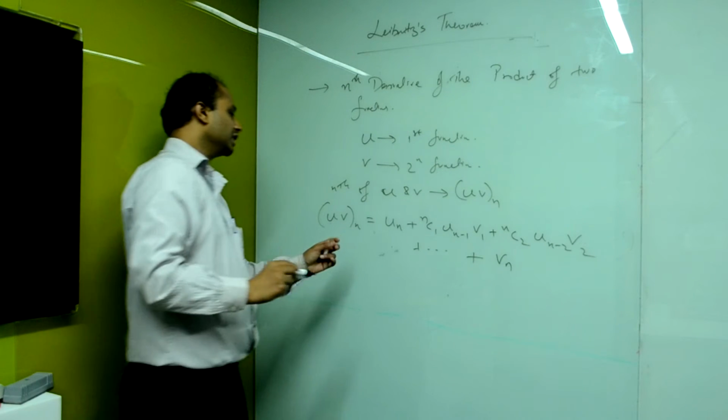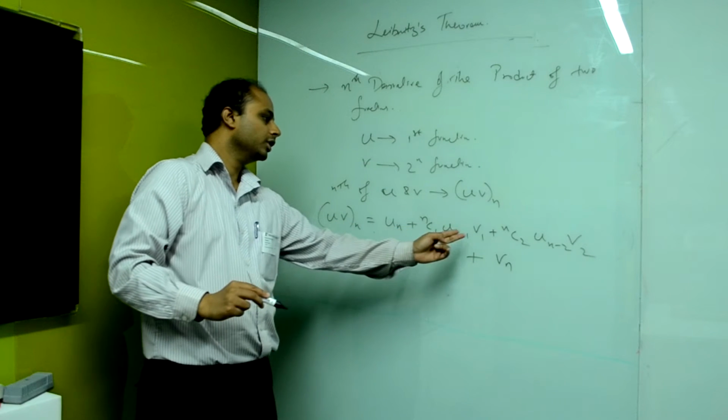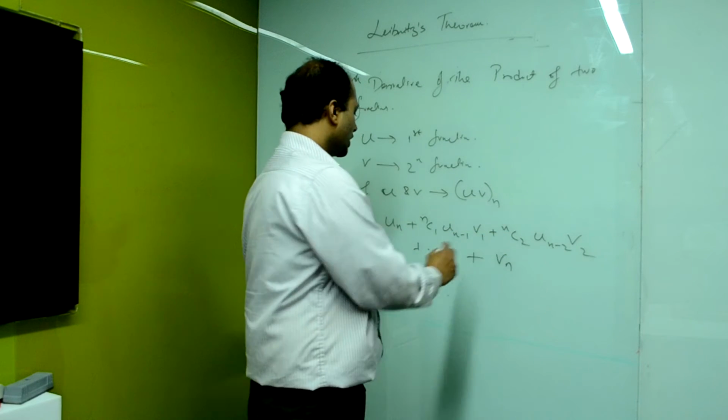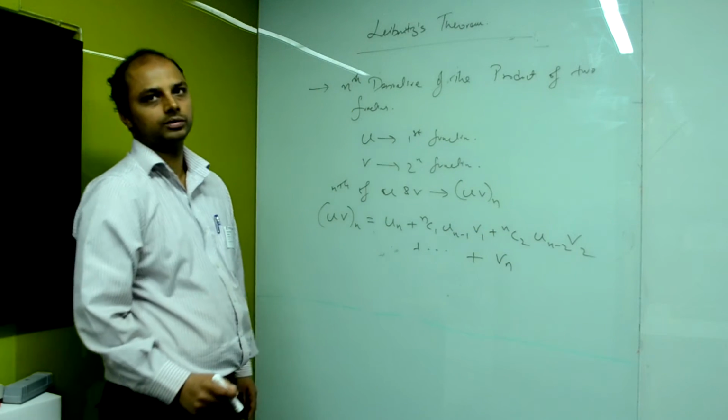Here we are basically decreasing the derivative of u and increasing the derivative of v till we cover all possible derivatives in the product.